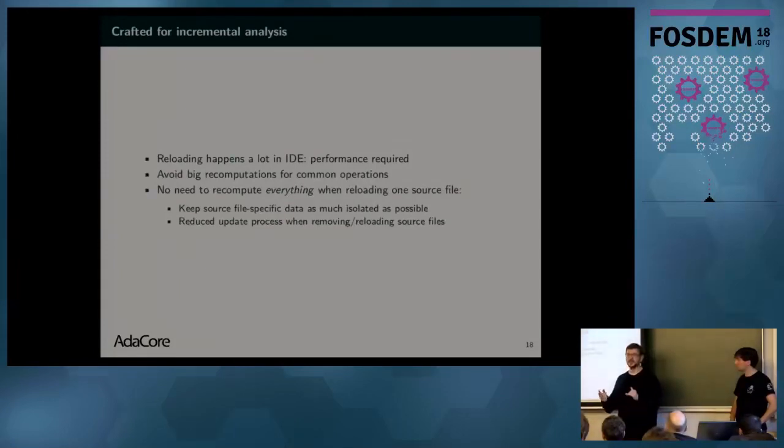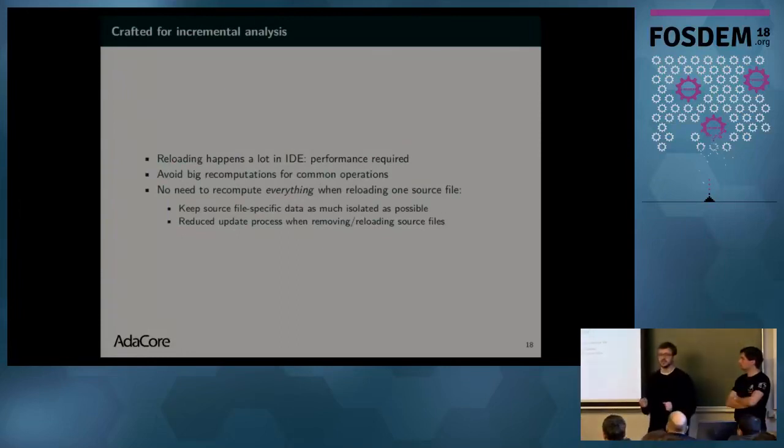So as little state as possible in the spec so that we can do an incremental analyzer. And for Ada, what this means is that if you change a file, you don't need to recompute every file that depends on it every time like most compilers would do. I know some compilers are more clever than that, but GNAT is not, for example, which is the main compiler for Ada. So this was very important for integration into IDEs for us.